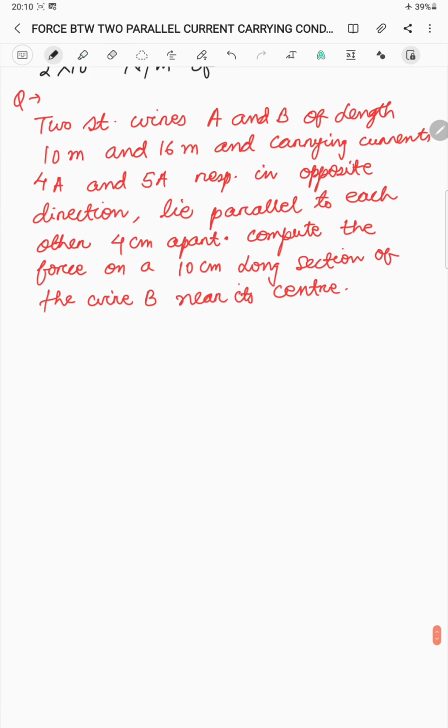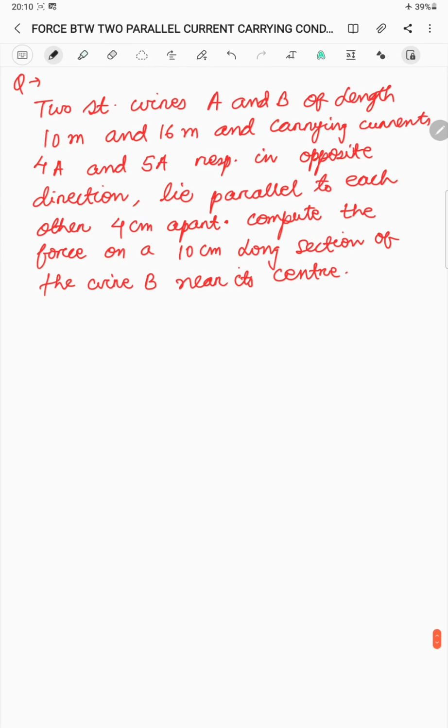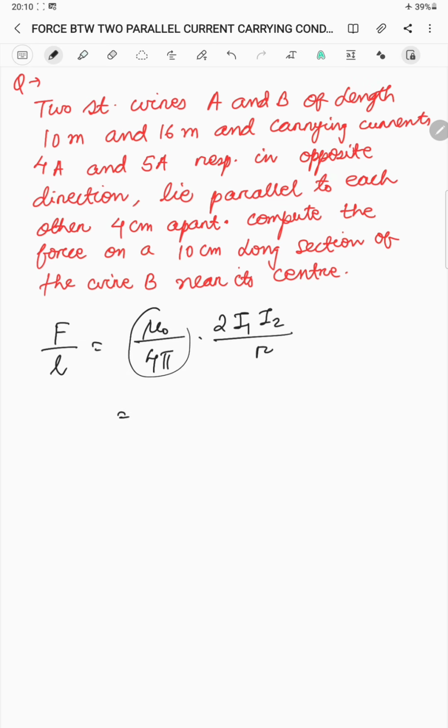Now how to go about it? So we know that your force per unit length F by L will be how much? The formula mu naught divided by, instead of 2 pi, let me write it as 4 pi, then here there will be 2 I1 I2 divided by R. So what is this mu naught by 4 pi?